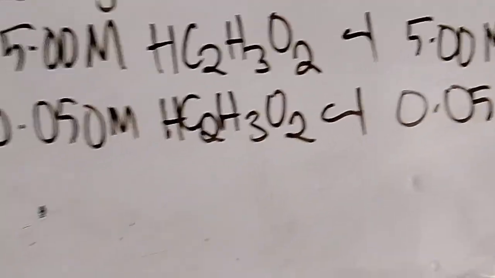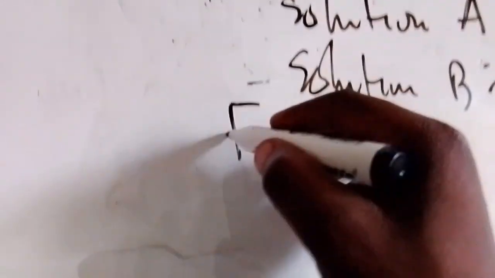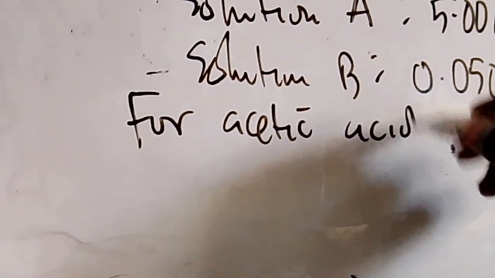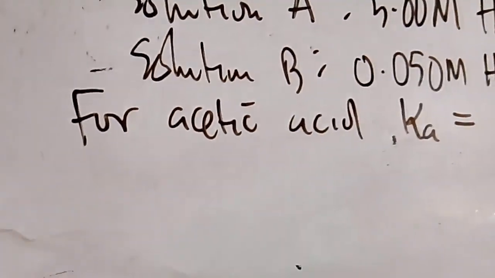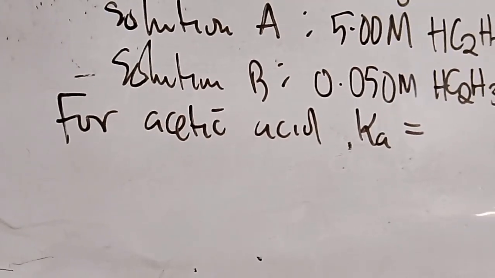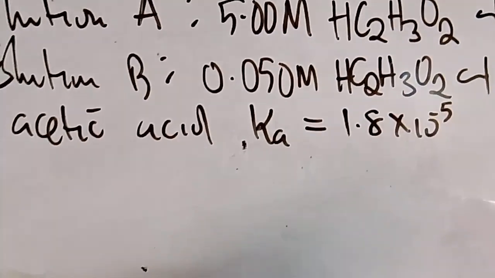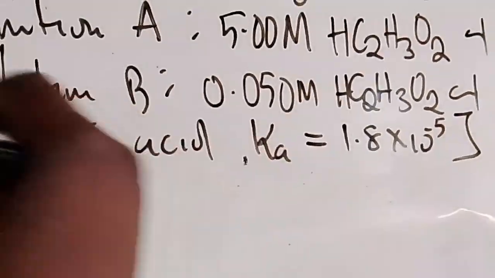The Ka for acetic acid is equal to 1.8 times 10 to the power negative 5.